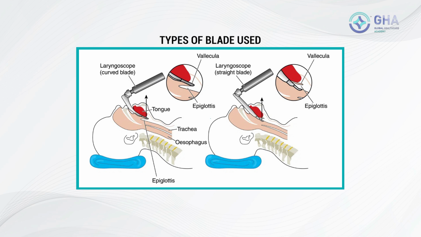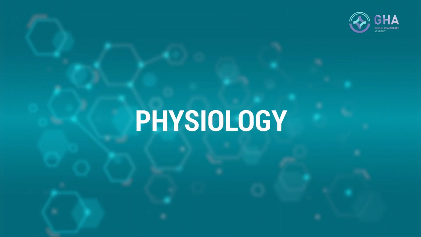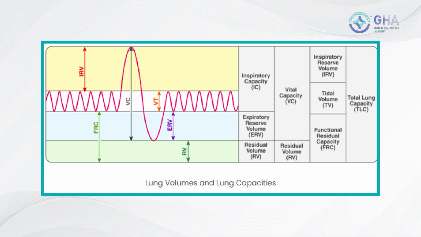Now that we have finished the anatomy of the newborn airway, let us look at the physiology. This is a diagram which shows you the lung volumes and lung capacities. The neonate has a very limited respiratory reserve, that is the inspiratory reserve, the expiratory reserve as well as the residual volume.